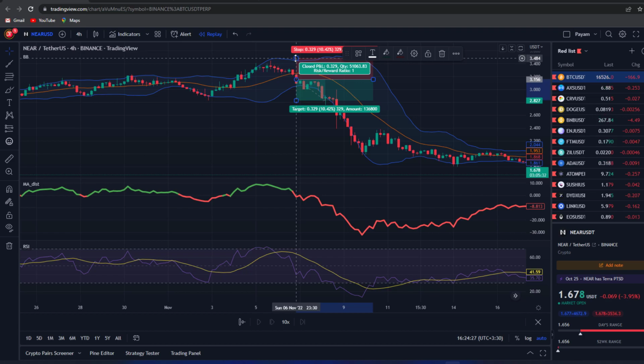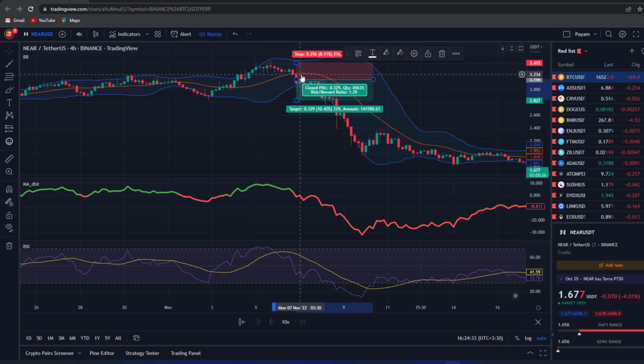The stop loss can be anywhere between this middle line over here, the combination of the middle line and the previous candles that we have had over here. So I would, for example, put it somewhere around here. I would personally put it somewhere around here, but just to make it safe, I would put it here for you guys, as you can see.